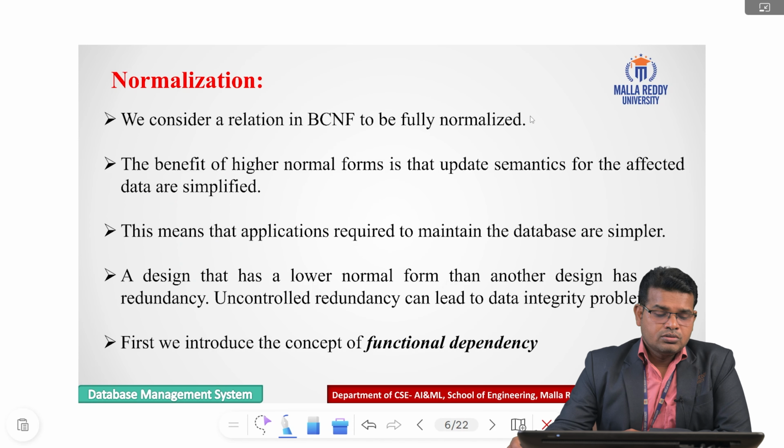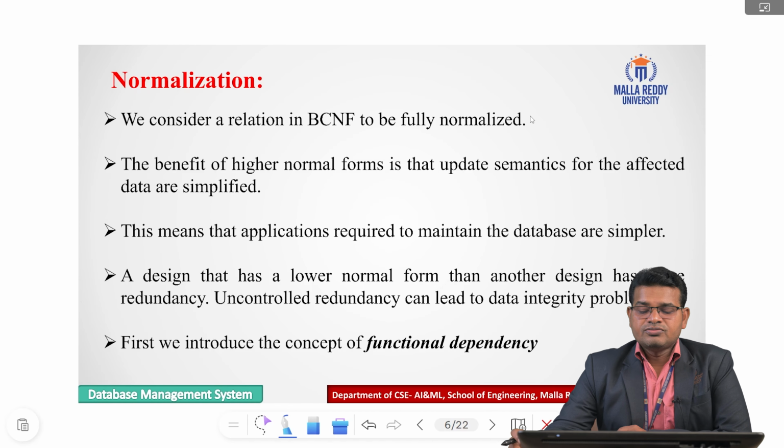We consider a relation in BCNF to be fully normalized. Even though fourth and fifth normal forms exist, they are used for specialized purposes.